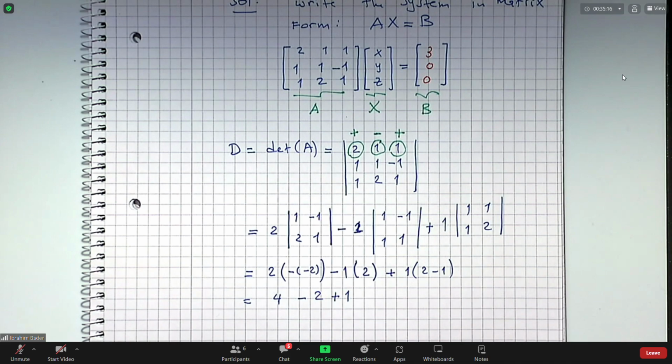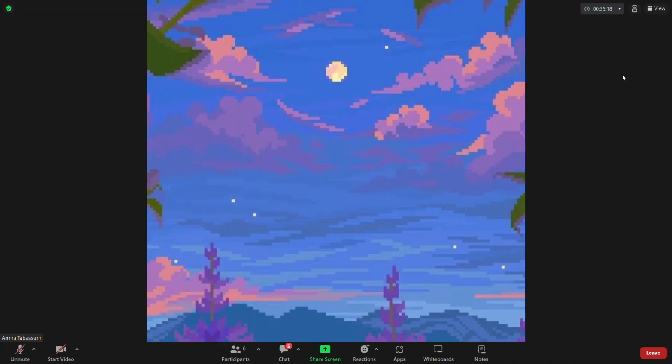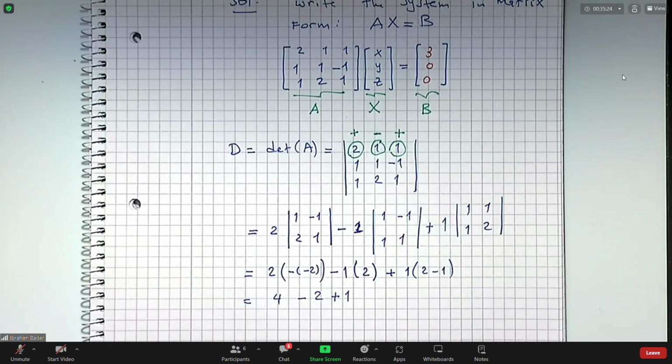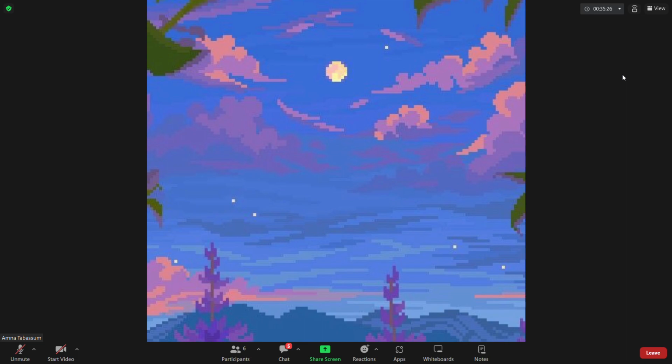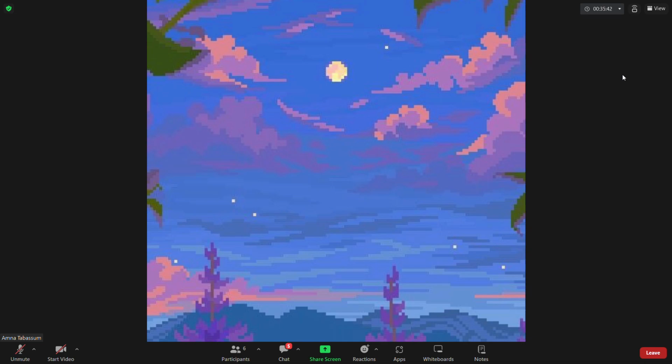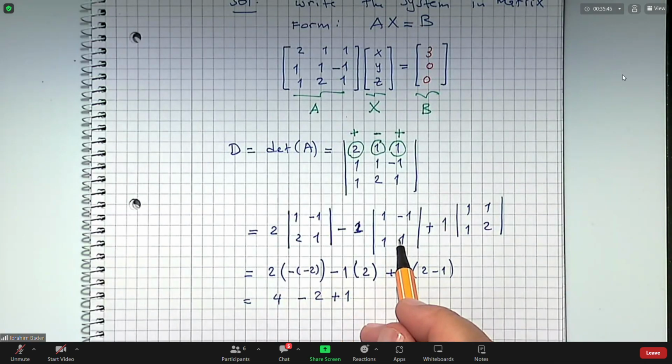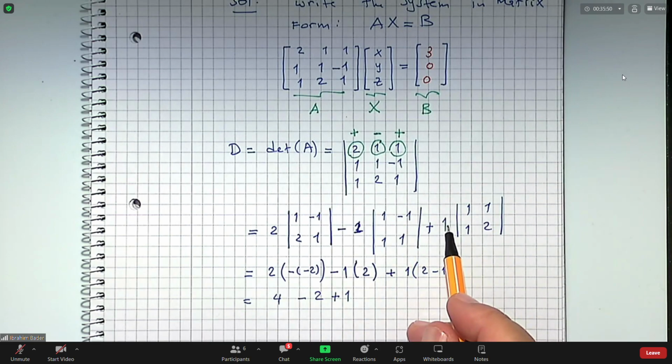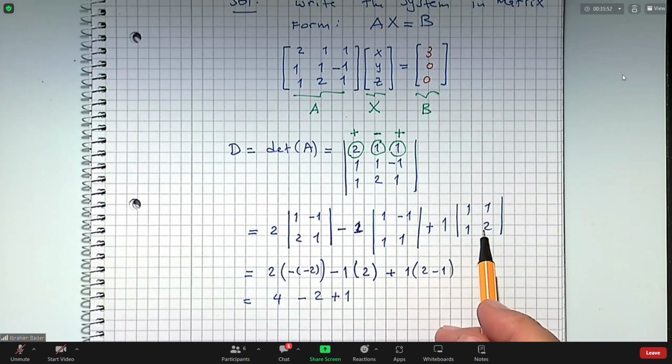Definitely we made a mistake there. Wouldn't the first number have to be 6? So 2 bracket open 1 and then there's minus 2, negative 2, 2 times 1 plus, yes, this is 4. Here 1, negative 1 minus 1, 2. This one 1, 2 minus 1.